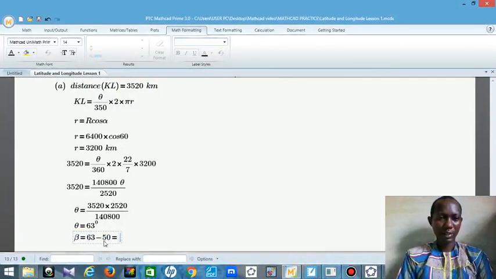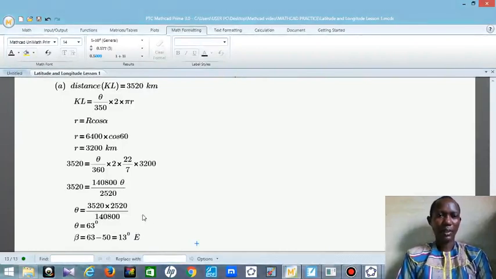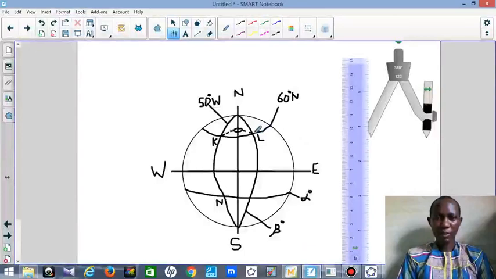And the answer is going to be 13. 63 minus 50 will give us 13, and that is 13 degrees east. So this is our longitude of point L.